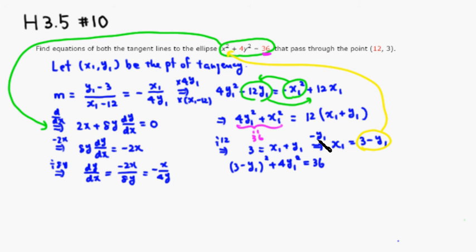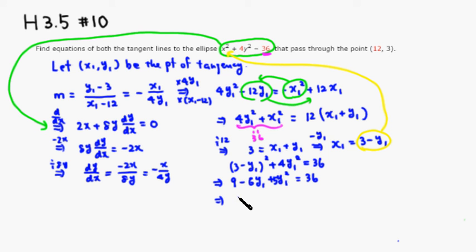If you multiply out, you get 9 minus 6y1 plus y1 squared, plus 4y1 squared, so it's 5y1 squared, and it's equal to 36. So this is a quadratic equation, so we should be able to solve.